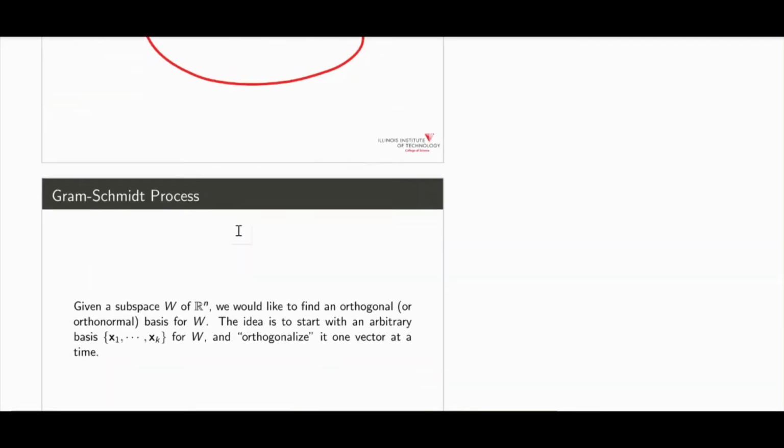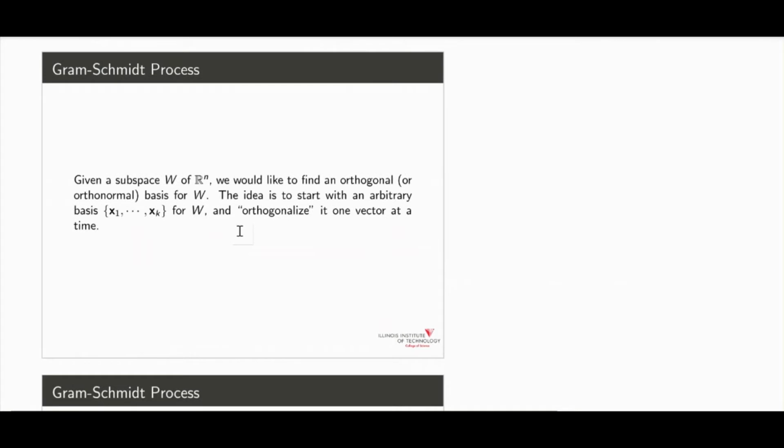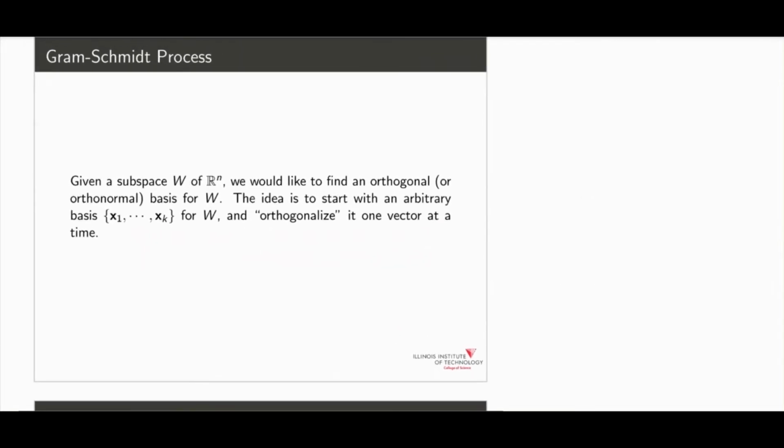Now, let me be clear on what we actually want to do. Let me spell it out for you. We are in this Euclidean space Rn, and we have a subspace W. Assume that subspace W has this basis, so these are vectors that span the space and are linearly independent, but they are not necessarily orthogonal.